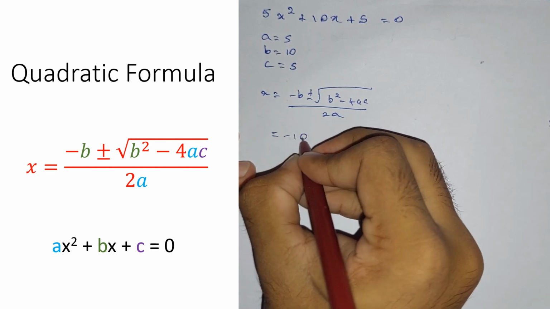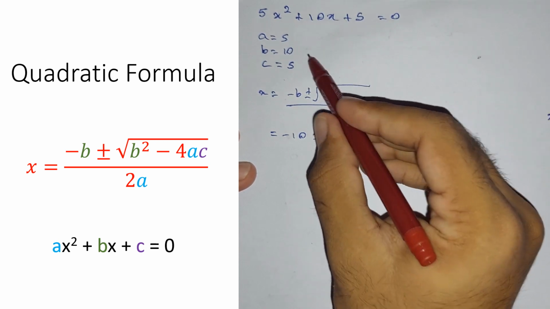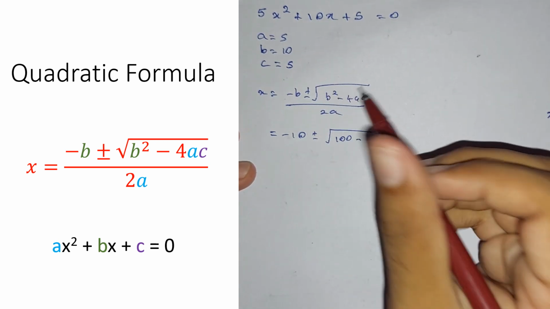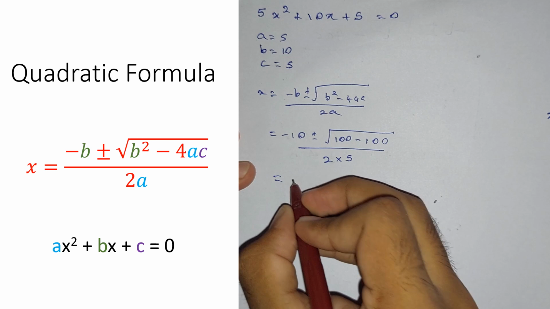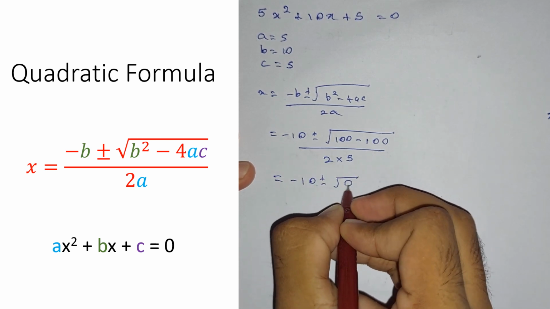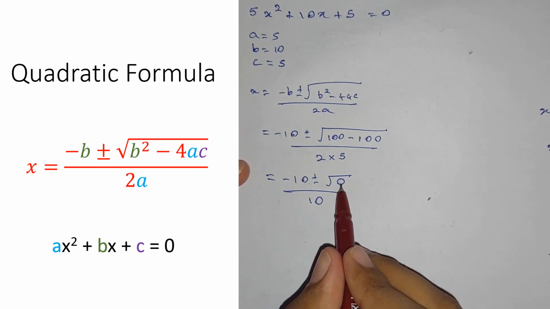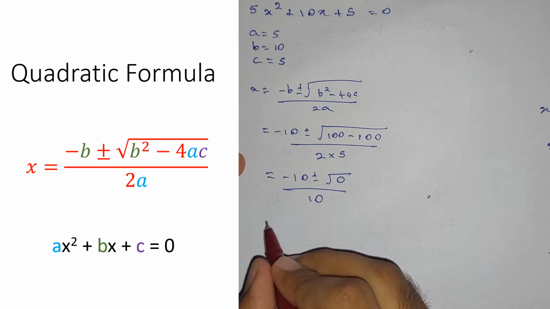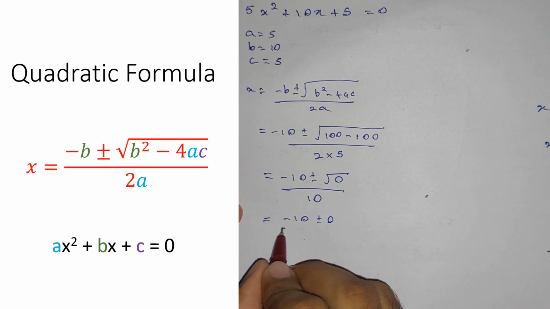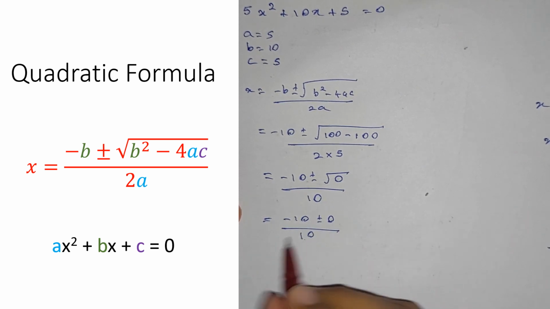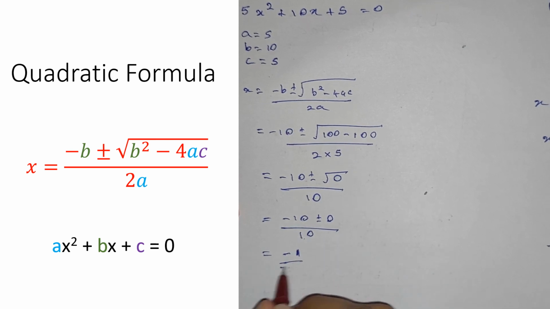So minus 10 plus or minus square root of b squared, which is 100, minus 4 into 5 is 20, and 20 into 5 is 100, over 2 times 5. Minus 10 plus or minus square root of 0 over 10. So here we are getting a square root of 0, and plus or minus 0 over 10 can be simplified further to become minus 1.